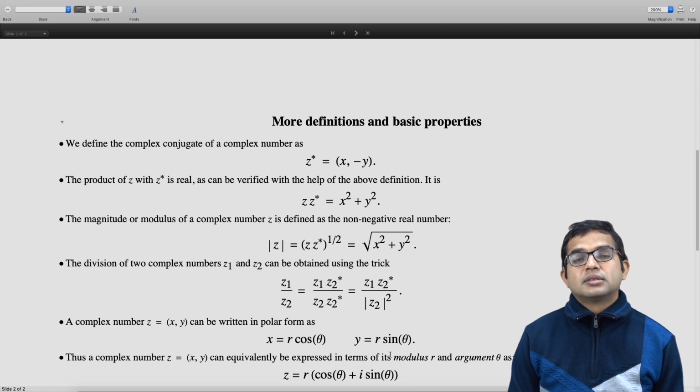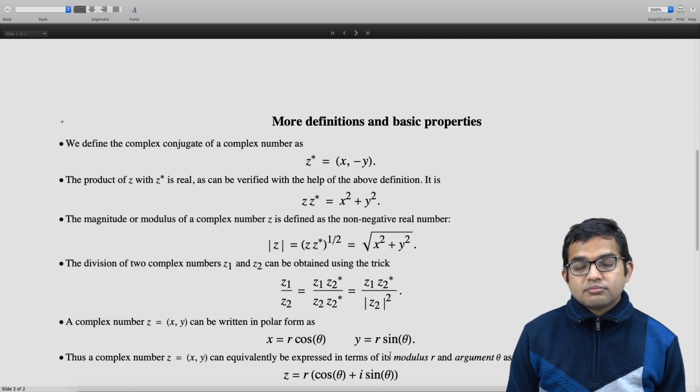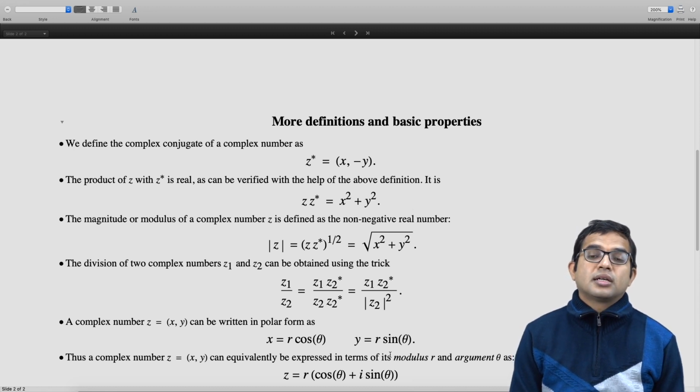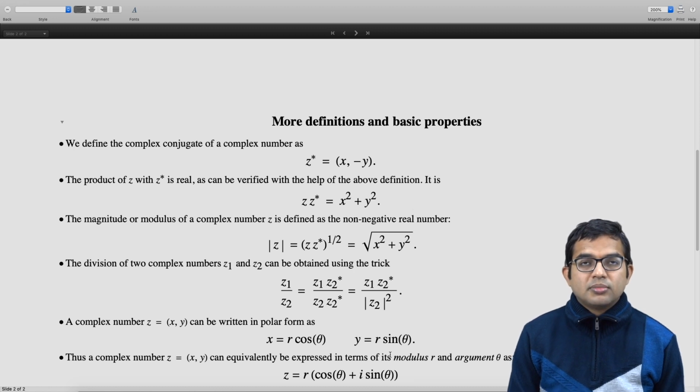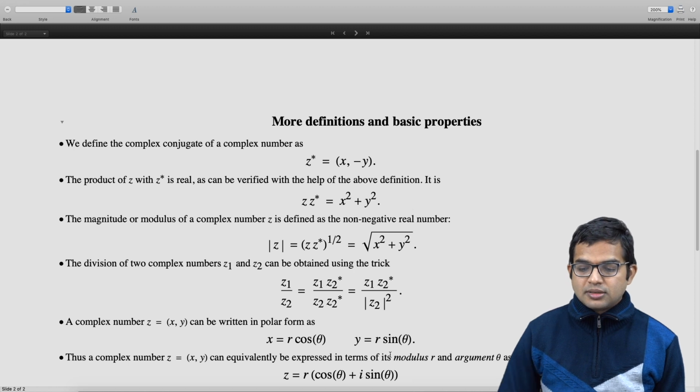You can think of it as essentially a vector in the two-dimensional plane, and theta is the amount by which your vector has rotated with respect to the x-axis. So the x-axis is nothing but the real axis, and the y-axis plays the role of the imaginary axis.